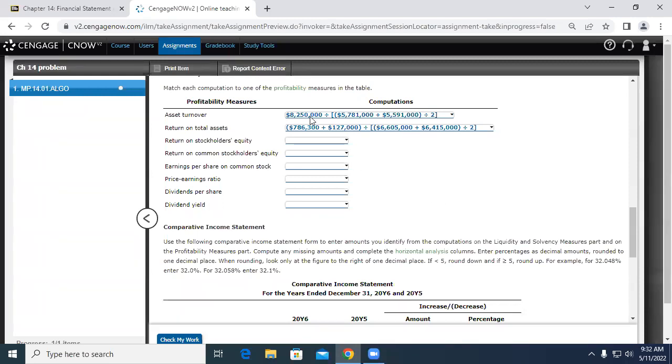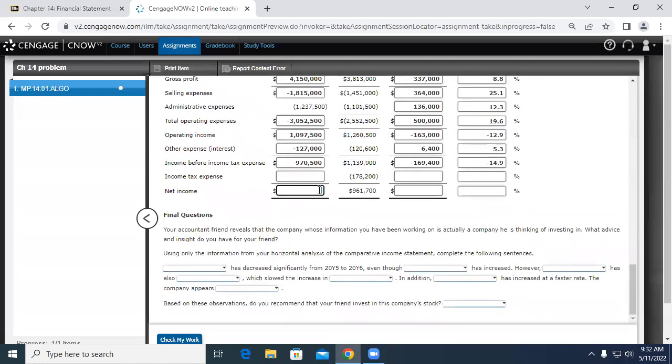I take that back, scratch that. This number right here, the 786,300, is the net income. I just started talking about the wrong one. So now from there, we can finish up the income statement piece. And again, I'm going to pause the recording and let you fill in all the rest of these income statement calculations.